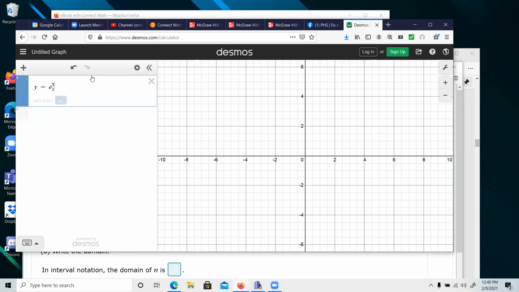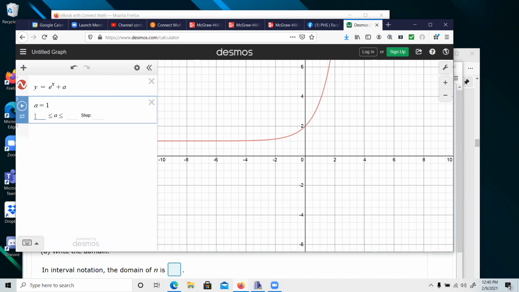And then look what happens, plus 1. Let's say plus a. All right, we'll make a slider for a, from 0 up to 7, with a step of 1. So if I go ahead and change my a, what's happening to my function?